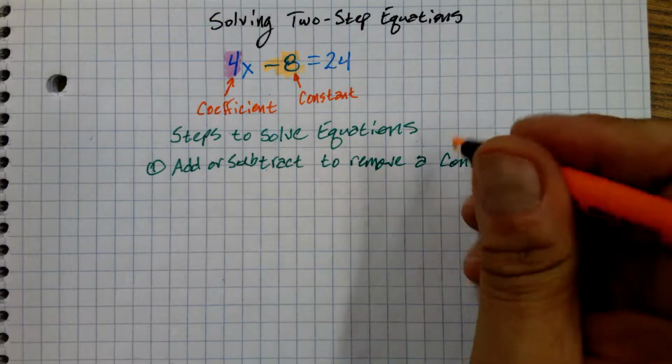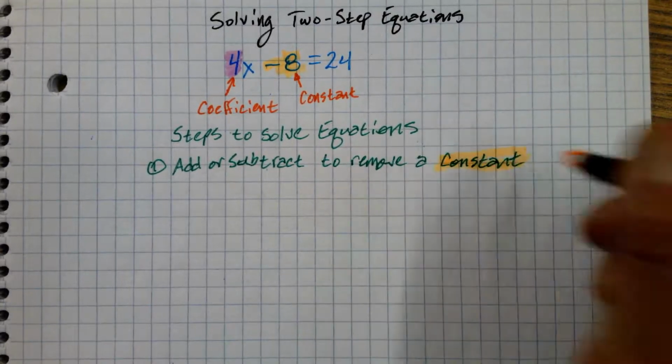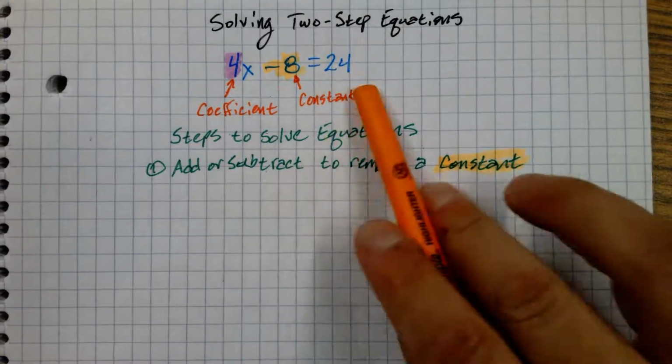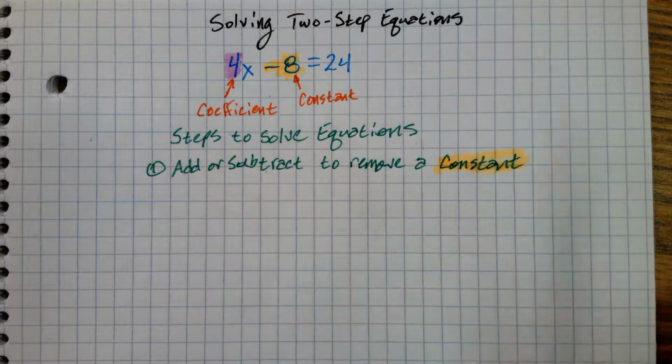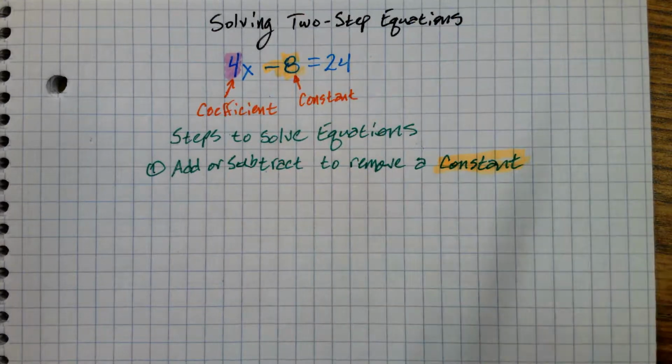And the key word here is constant. So in this equation we have above us, the first thing we would do is get rid of the minus 8. In this case, we would add, because negative 8 and positive 8 will make a 0 and they cancel. Okay, so that's step one.